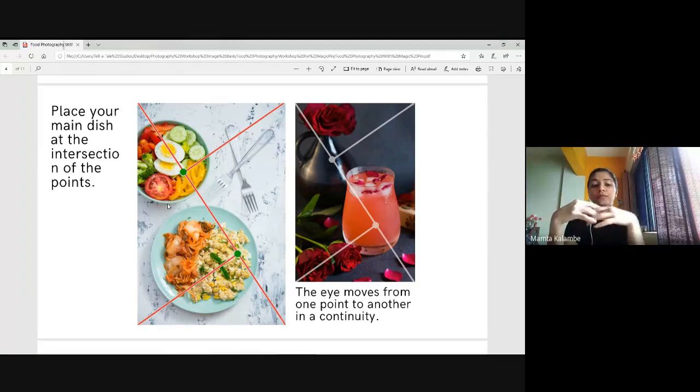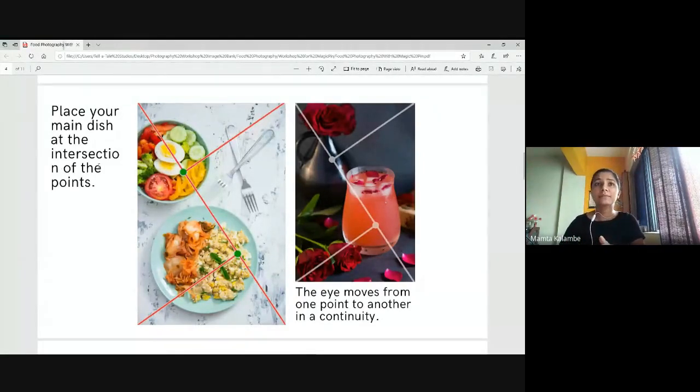Because when you shoot food especially, it's not just the styling or how you present your food that is going to look great, but the composition, the way you place the different elements in your food image, is something that is going to make or break a good food image, right? And why? There are different types of composition techniques that we photographers use, and I'm going to share two important techniques that are used in food photography.